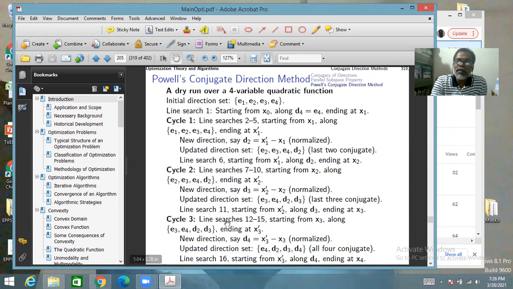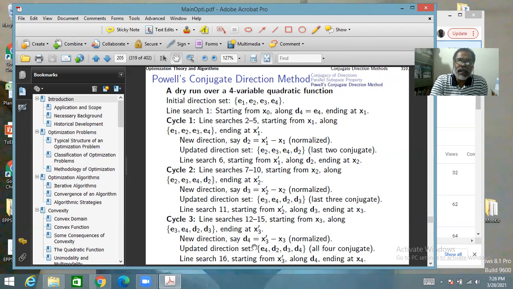In cycle 3, similarly, another push will be there, another 5 line searches will be there, 12 to 15, and finally 16. And by that time, all 4 will be conjugate because now it will be E4, D2, D3, D4. E4 turns out to be the final D1.